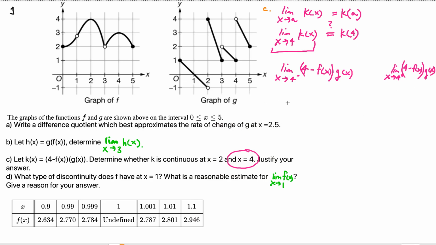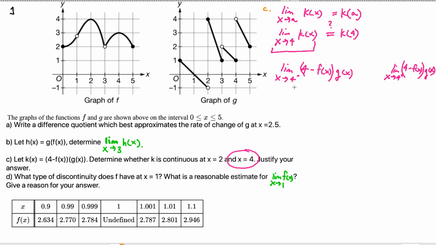Basically, you want to be sure that you know how to use the laws of limits. After you use your laws of limits, you would break it down into a product: the limit as x goes to 4 from the left of 4 minus f of x times the limit as x goes to 4 from the left of g of x. Then you would simplify that left factor.